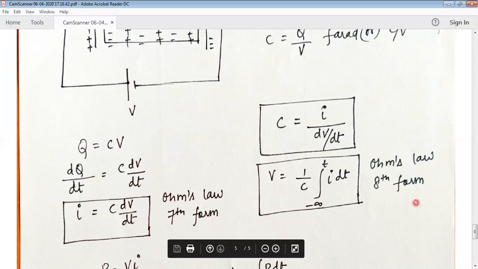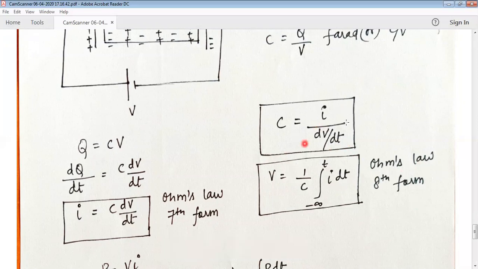From here you can say that a capacitor opposes the rate of change of voltage, an inductor always opposes the rate of change of current, and resistance opposes the current. So three points you need to remember related to resistance, capacitance, and inductor.